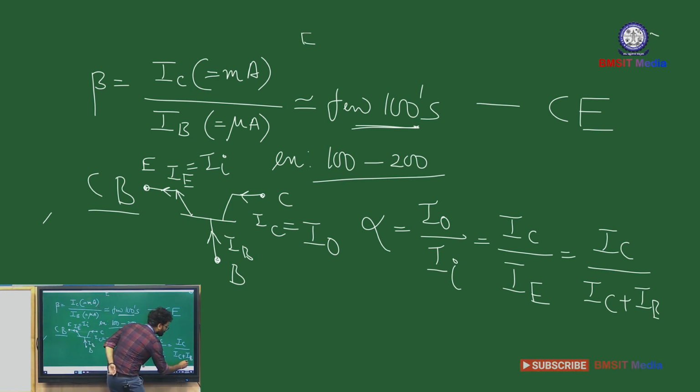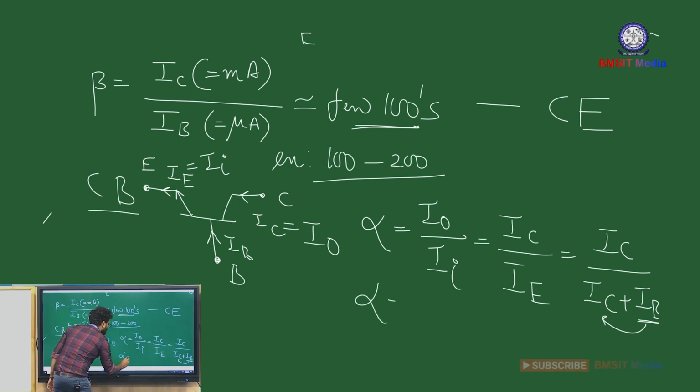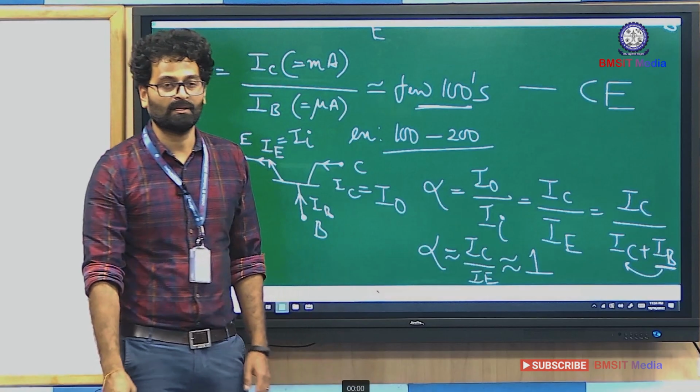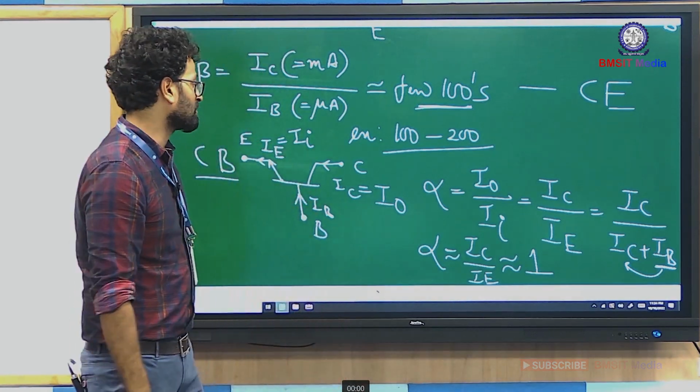Since IB is very, very small in comparison with IC, alpha can be approximately written as IC by IE, and it is very close to 1.